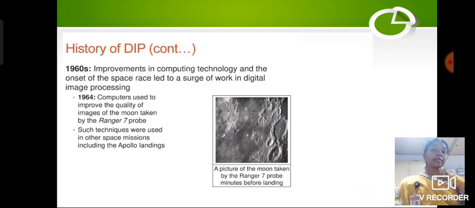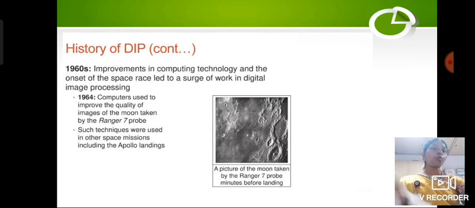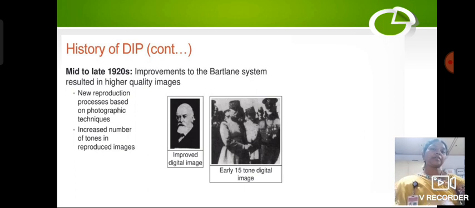In 1964, computers were used to improve the quality of images of the moon taken by the Ranger 7 probe. Such techniques were used in other space missions including the Apollo landings. When you compare, these space images are somewhat lower in quality than the medical images, and the 1920s images were very low in quality.